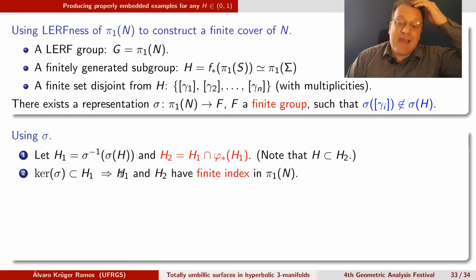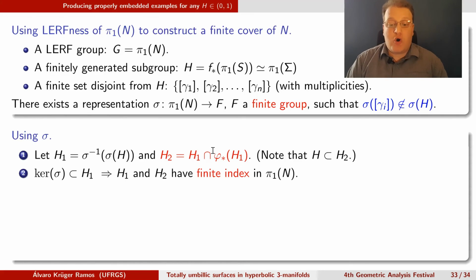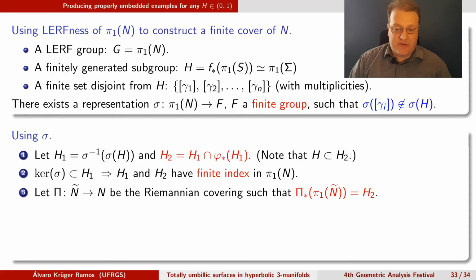So H1 has finite index in pi1 of N. But since H2 is the intersection of H1 with phi star of H1, which also will have finite index, H2 has finite index in pi1 of N. And this is the group we will use to construct our covering.